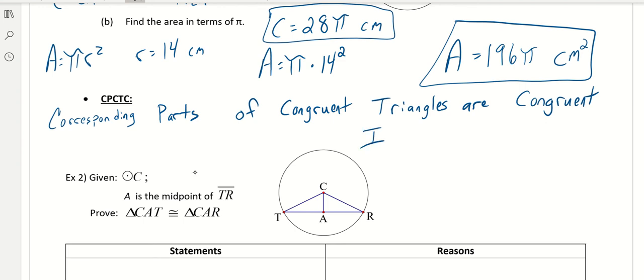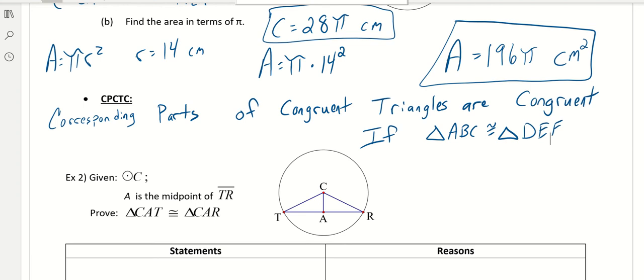If I tell you triangle ABC is congruent to triangle DEF, there's a number of conclusions we can draw from this congruency statement.